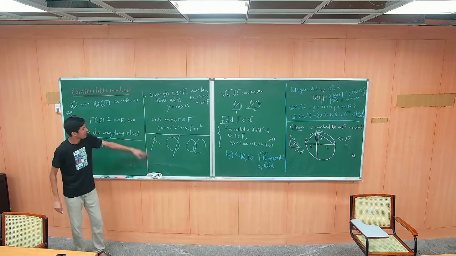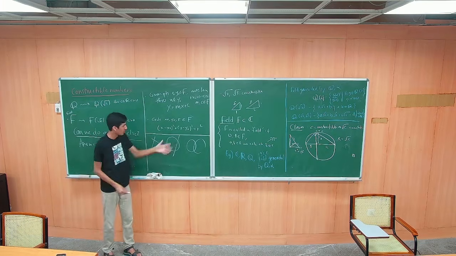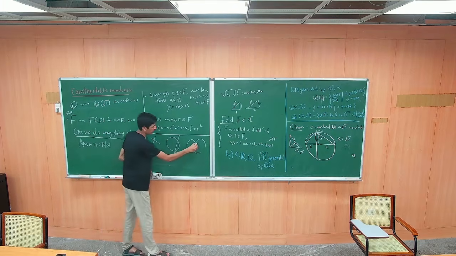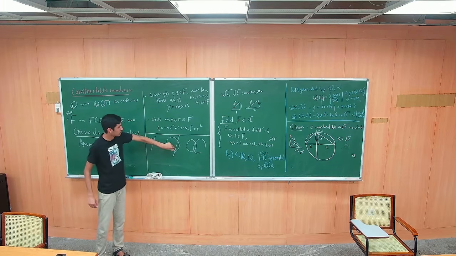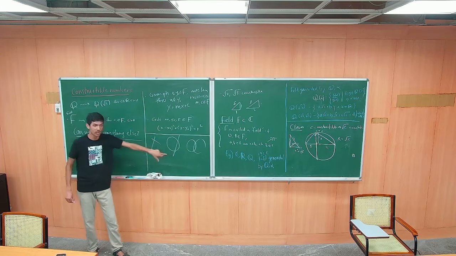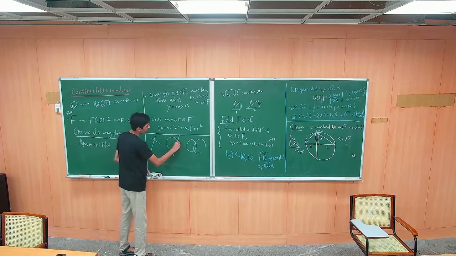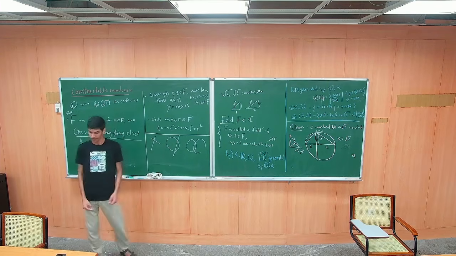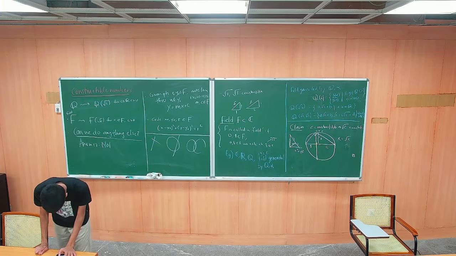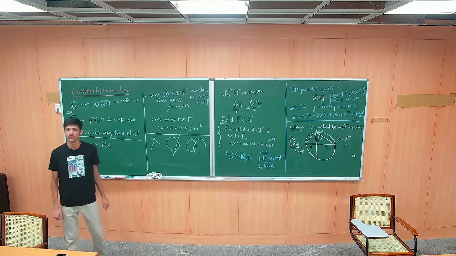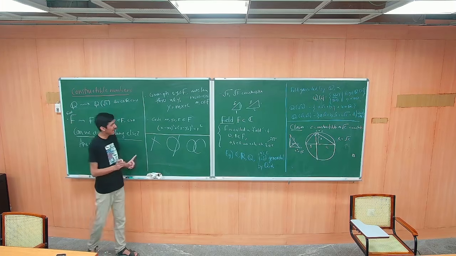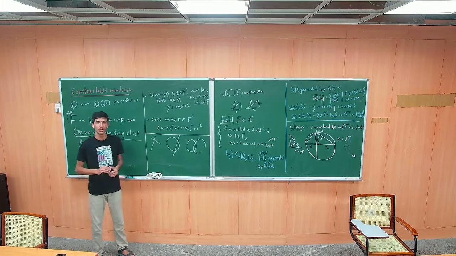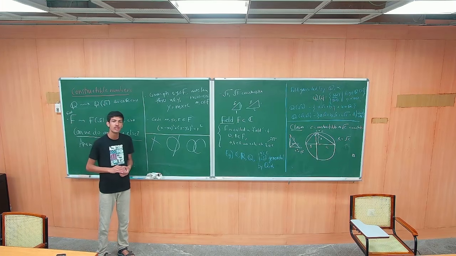So in terms of the nature of F, what can you say about the intersection of these, two lines, a circle and a line, or two circles? What can you say about how the intersection will look?